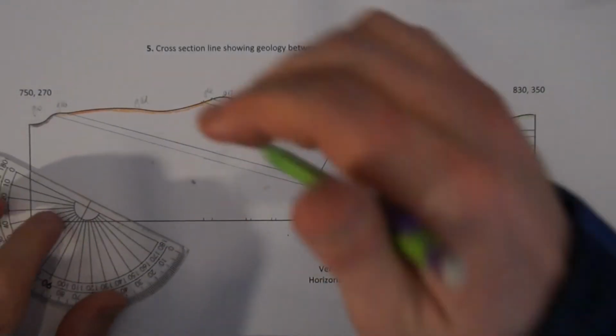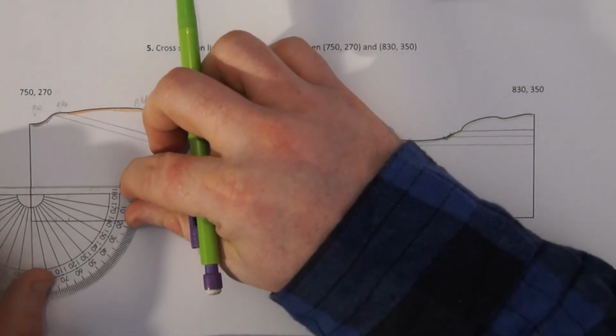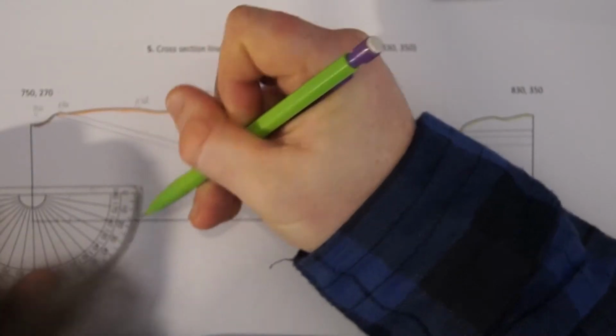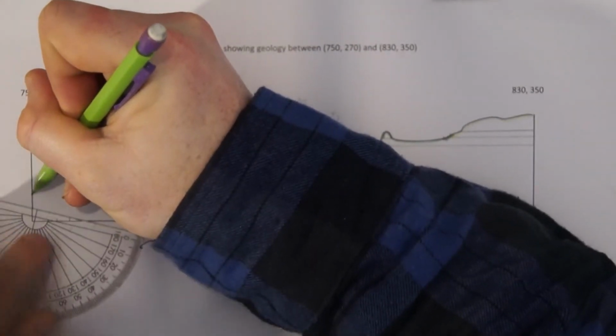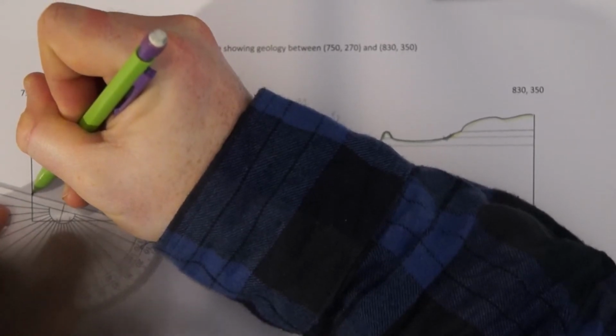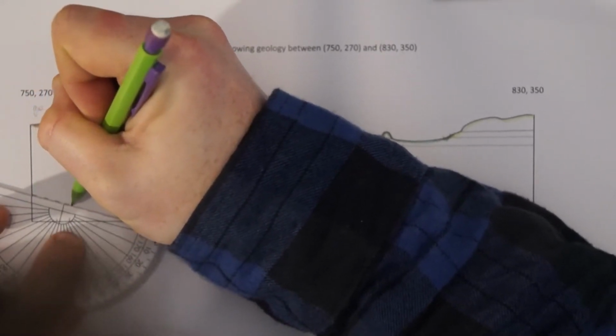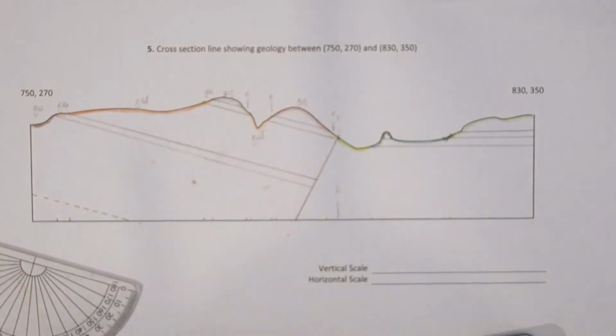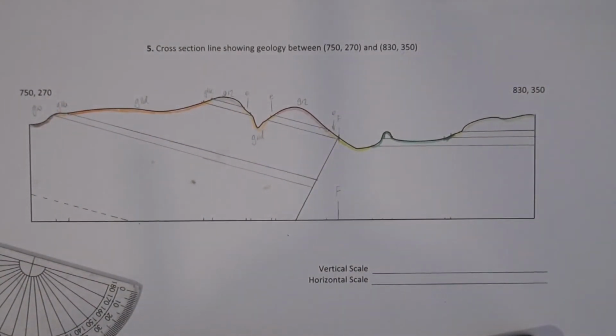But what I'm going to do to show my level of uncertainty is simply dot in or dash in where the base of that bed could conceivably be. Okay?